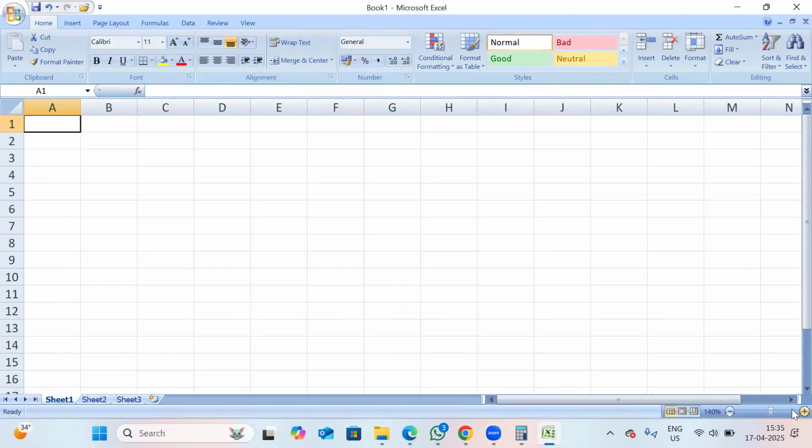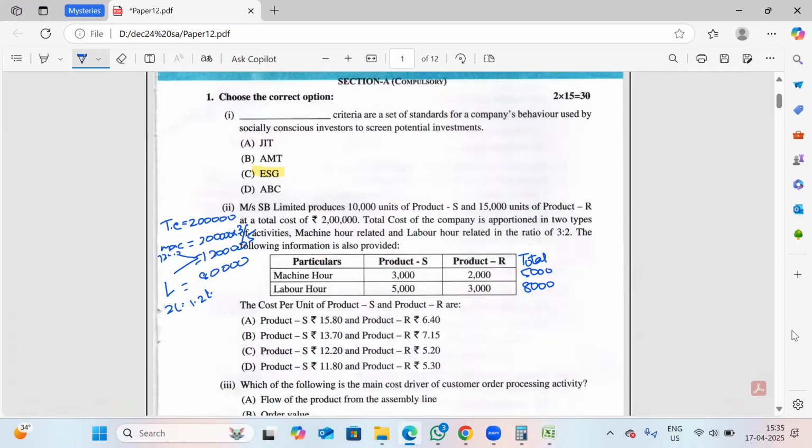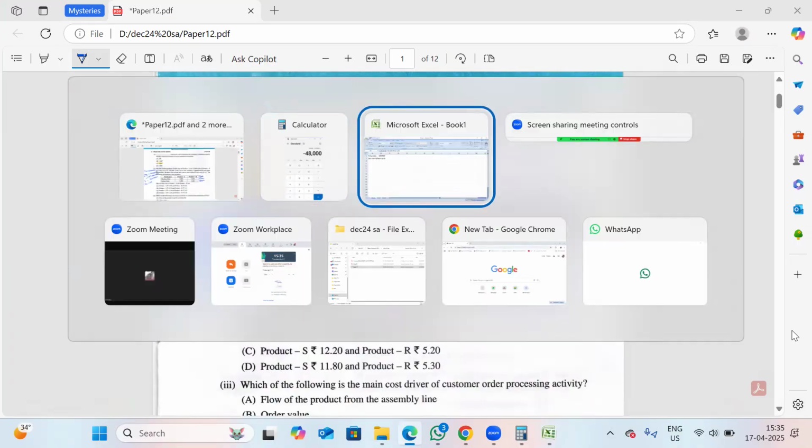Here I am repeating the procedure. First, they have given the total cost, that is 2 lakhs. They have told the machine and labor ratio is 3:2.